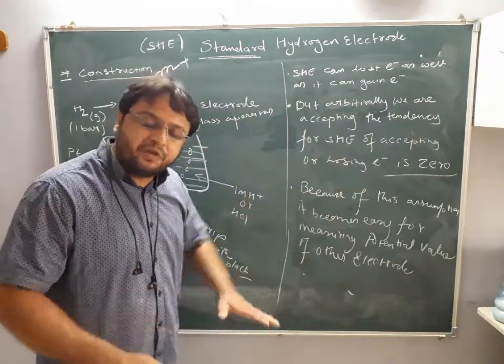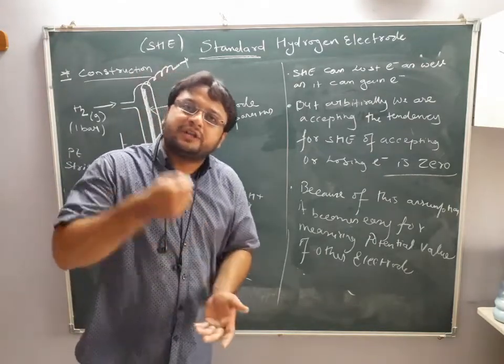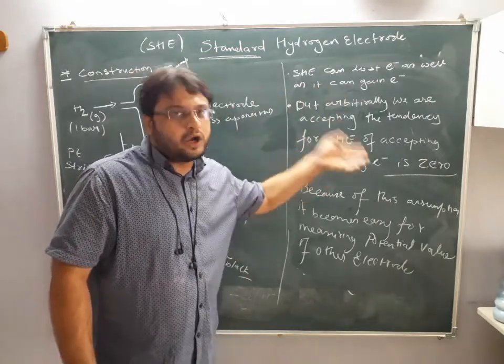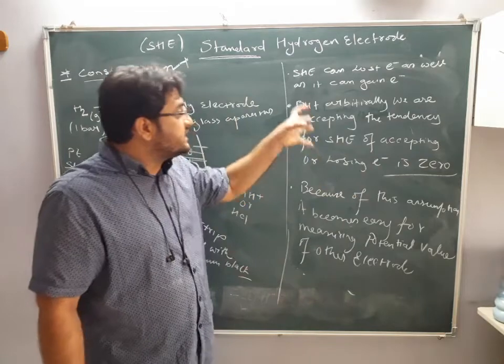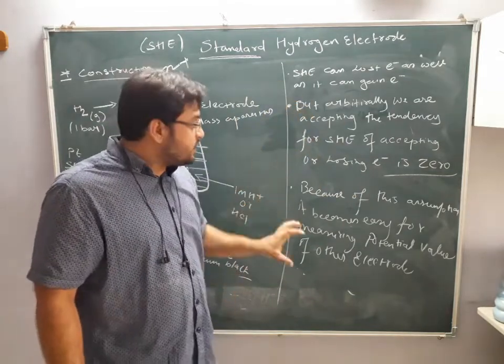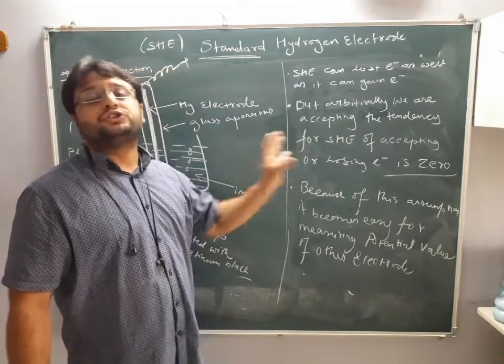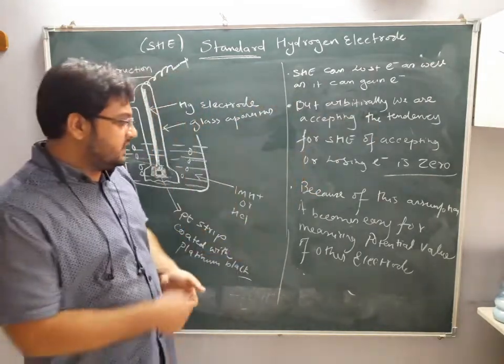Means neither they can gain the electron, nor they can lose the electron. Why are we considering as 0? Because due to this assumption we can measure the reduction potential or oxidation potential value of other electrodes. Clear this part? Now see the example.